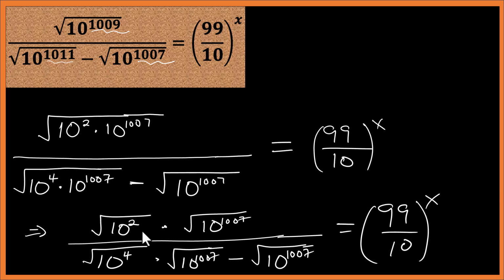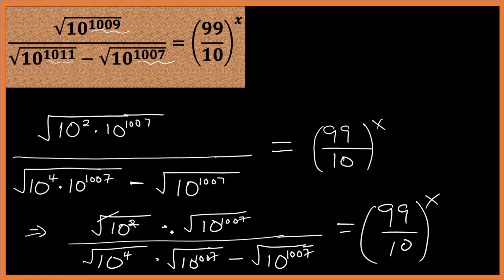Now from here, this side will cancel, leaving 10 there. So we have 10 times square root of 10 raised to 1007.